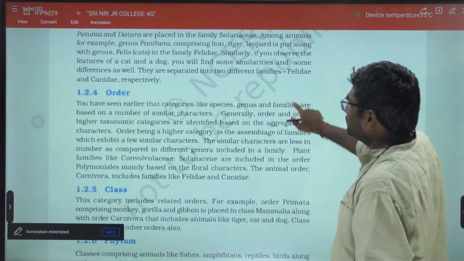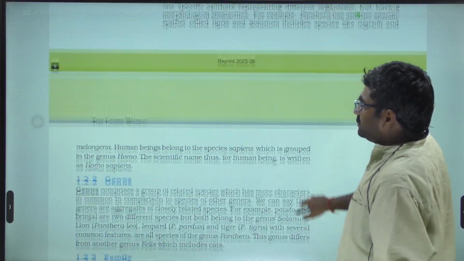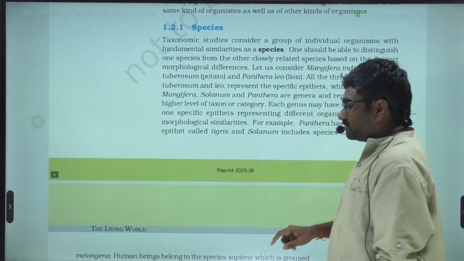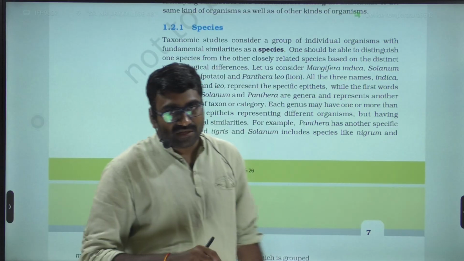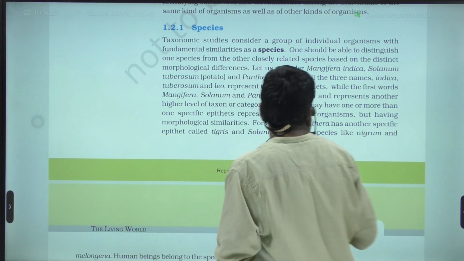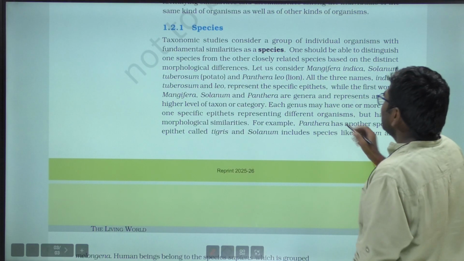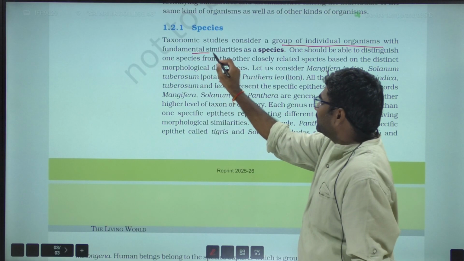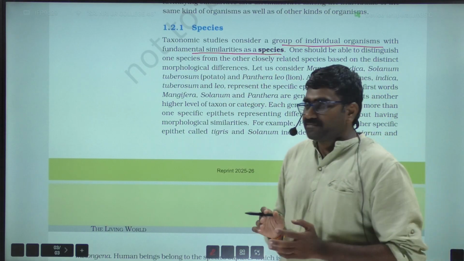So next, first let us start with the species. We know the definition that a group of individual organisms with fundamental similarities is known as a species.